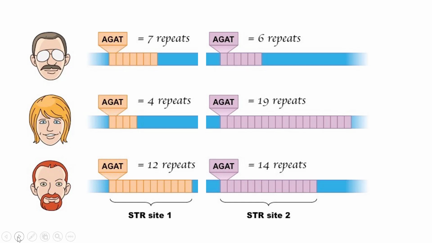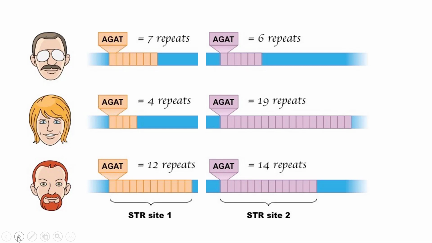So here we're looking at the STR loci for these three individuals, and we'll go ahead and call them suspects, because one of the applications, as you learned, of DNA profiling is to identify the perpetrator of a crime if DNA evidence was left at the crime scene.